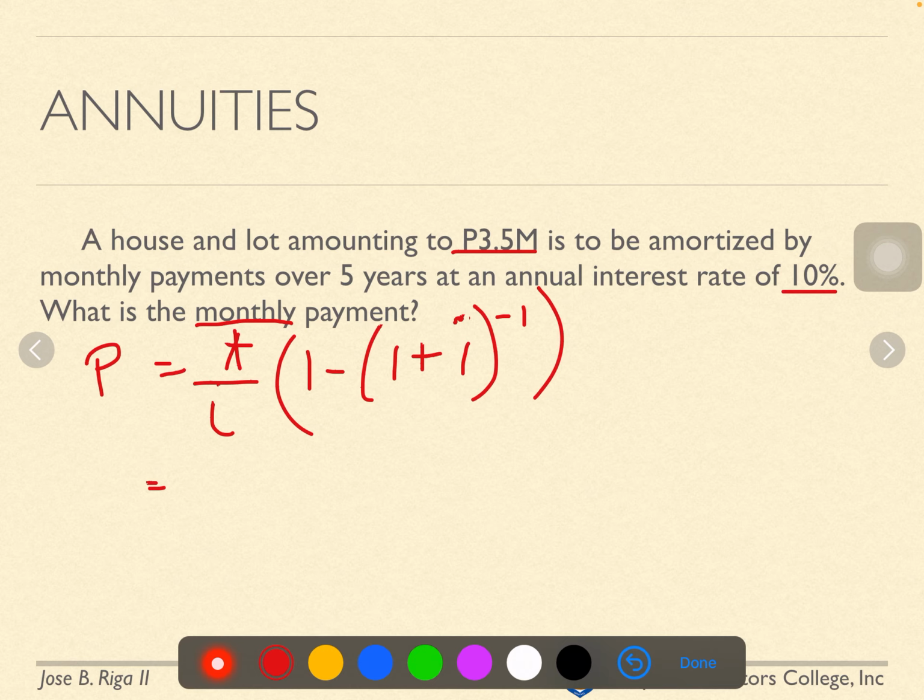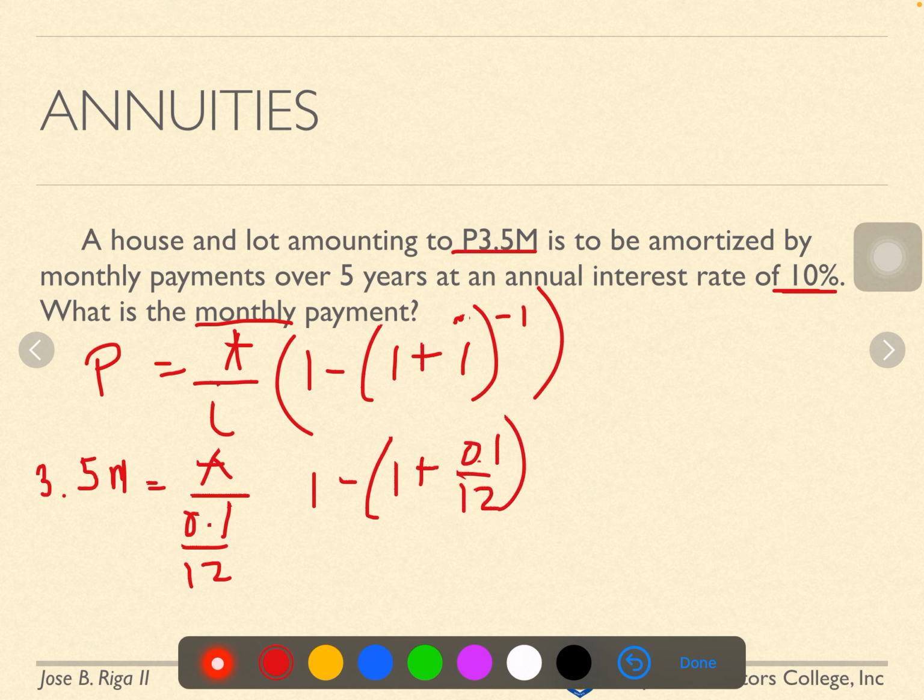So we will have the 3.5 million equals A over 0.1 over 12, times 1 minus (1 plus 0.1 over 12), raised to the power of, what is our n? 5 times 12, so 60.